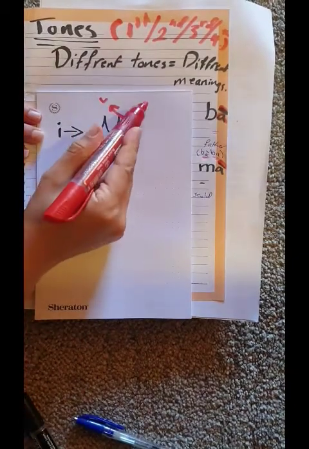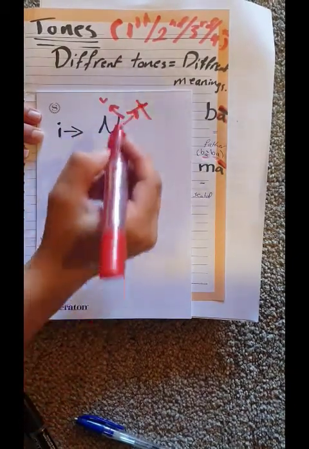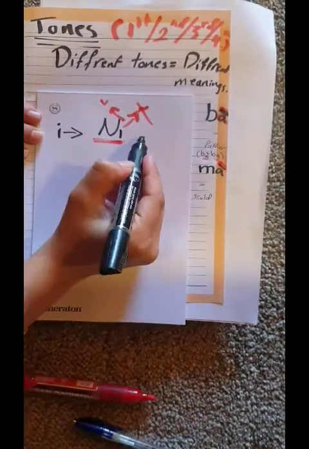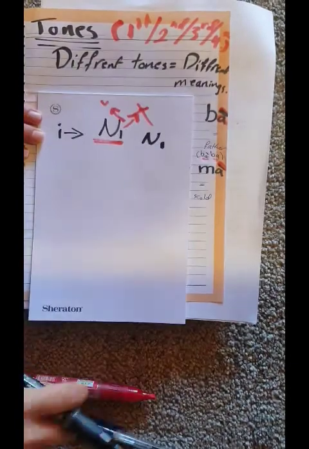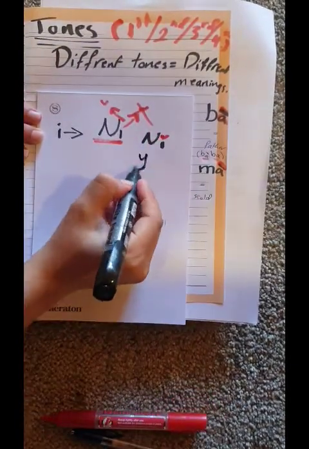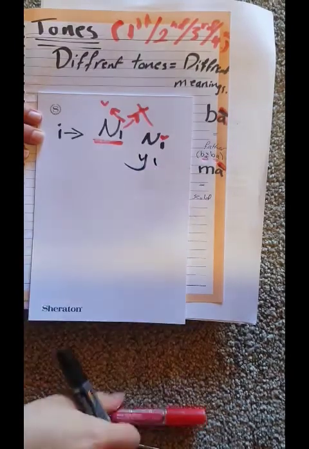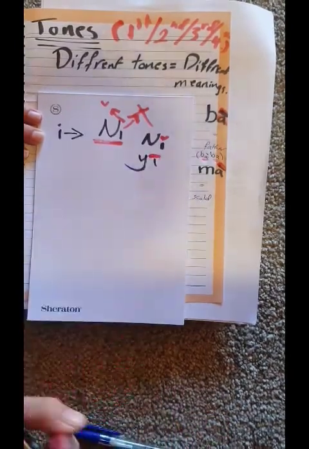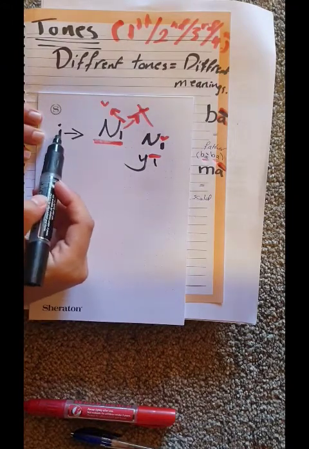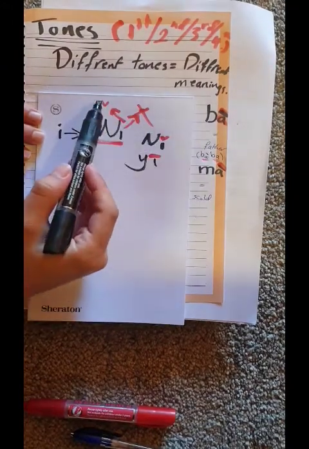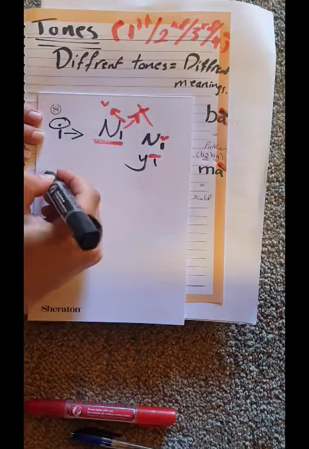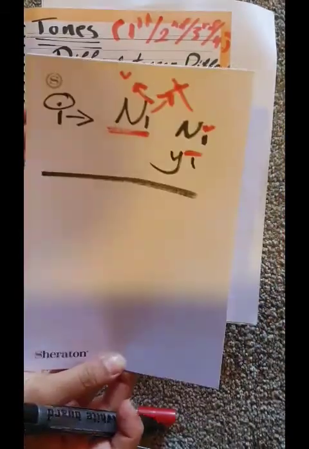So I cannot put the tone and the dot together. I must put it as a tone and remove the dot. So it's gonna be ni. Here. Yi. We remove the dot. Okay? So this is a rule that whenever the i comes and you must put a tone above it, you must remove the dot, guys. Okay? Be careful.